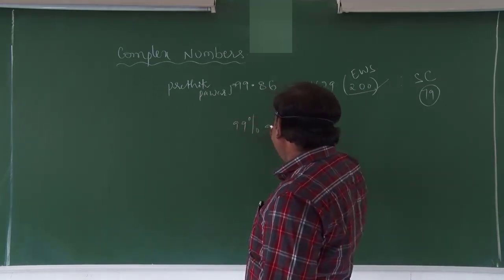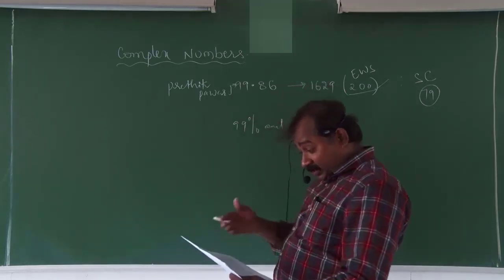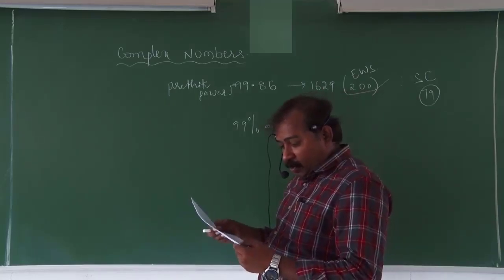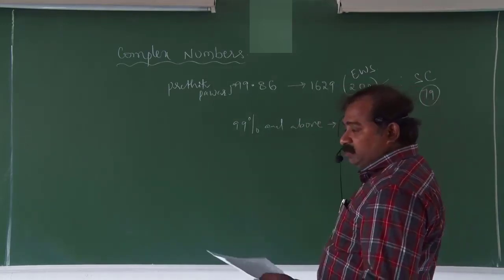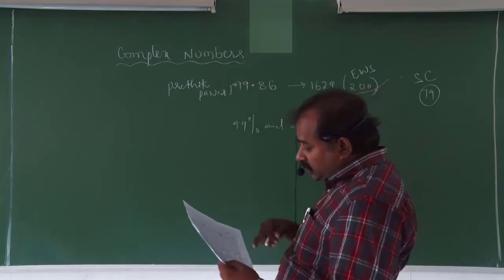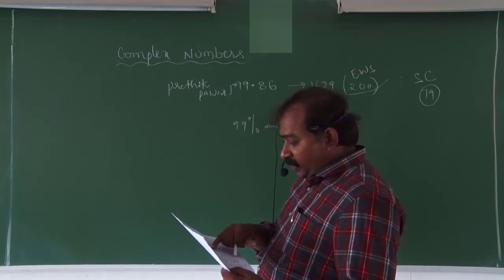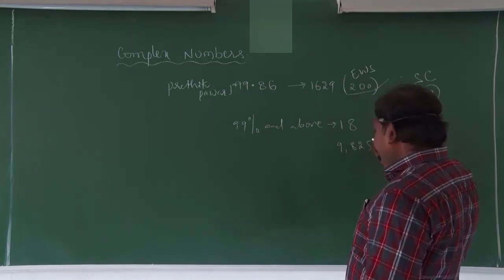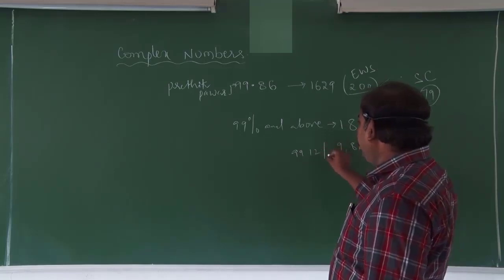Next, 99 percentile and above. According to this sheet, it is indicating a total of 17 members, but it is actually 18 members; one member is missing here. So nearly 18 members we got, and the one who got 99 percentile, his last rank is 9825, with 99.12 percentile.